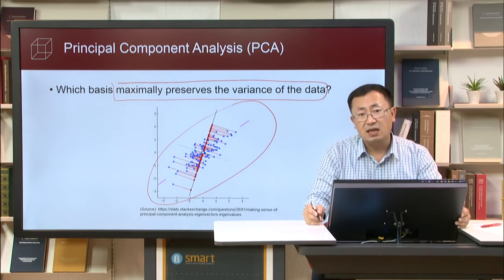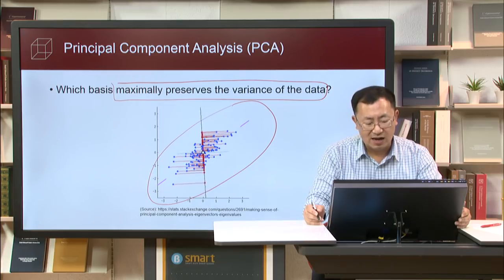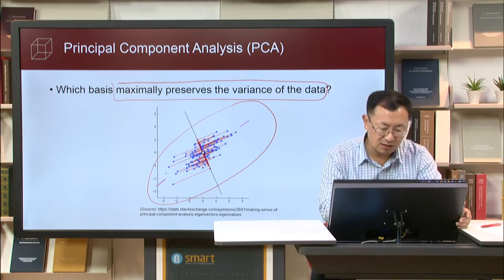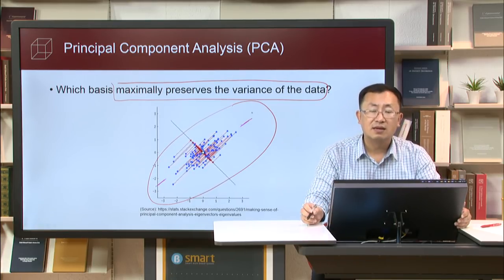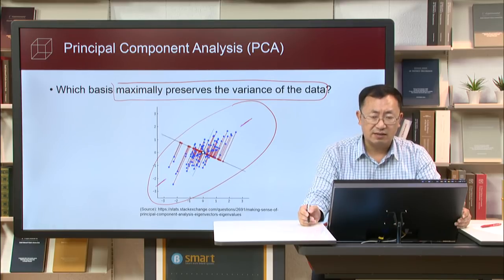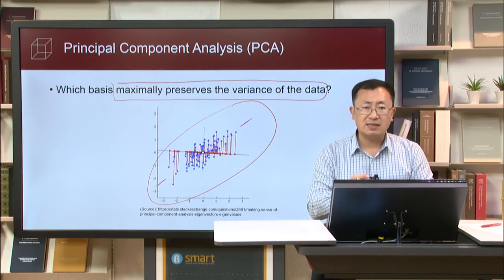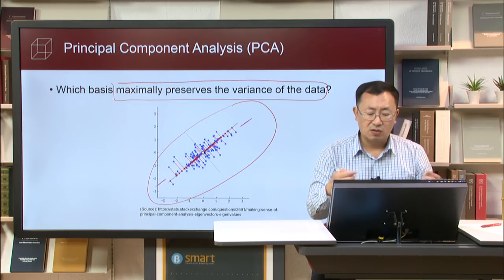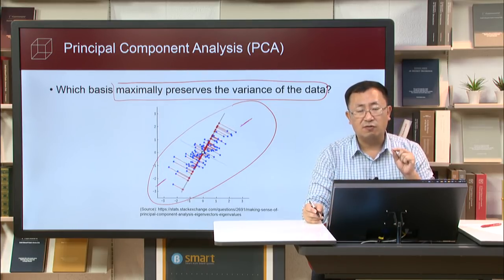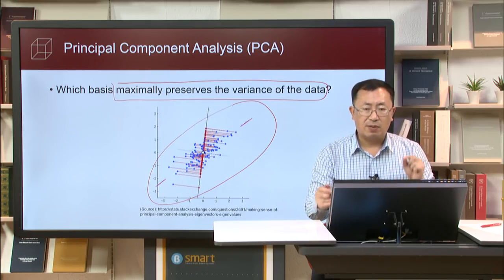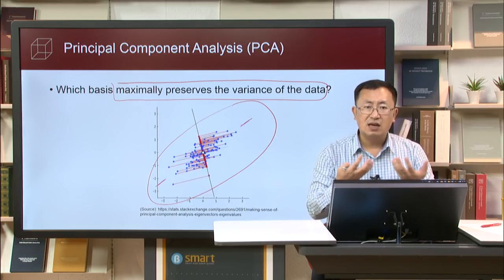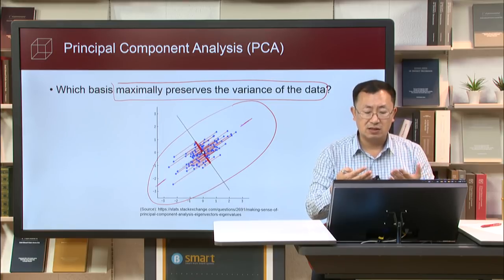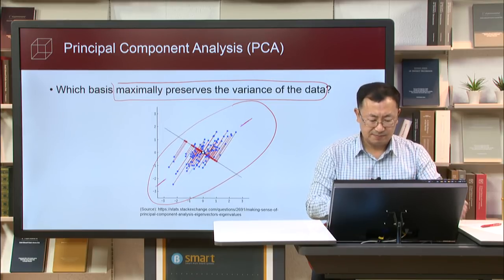What we can see here is that when the line is matched with this pink line, the data is maximally distributed. That is something we'd like to find, because by doing so, we can easily distinguish the data points along this line.